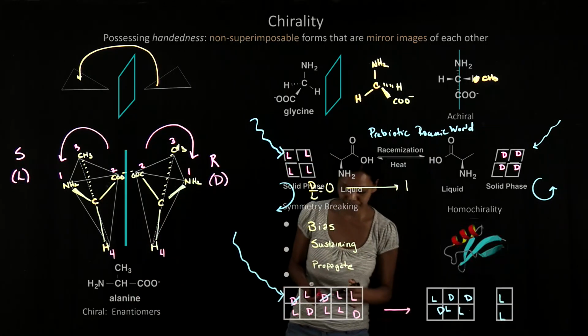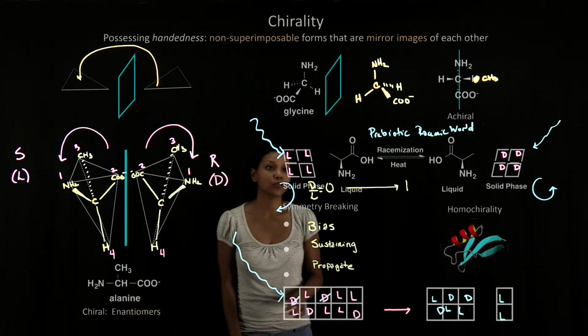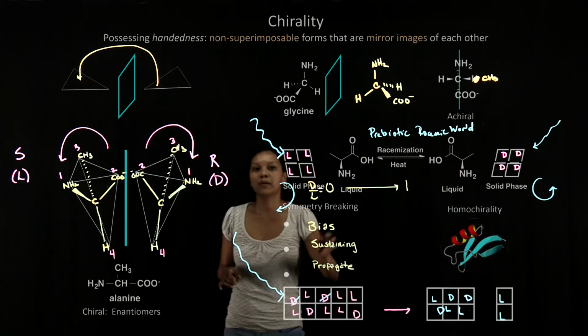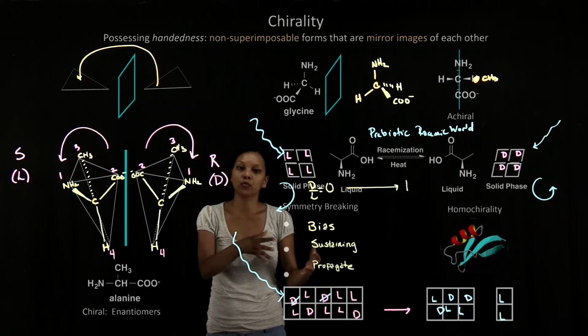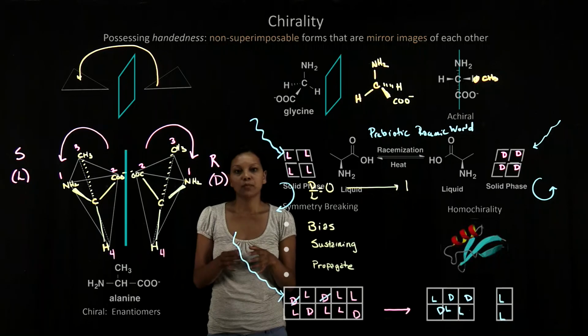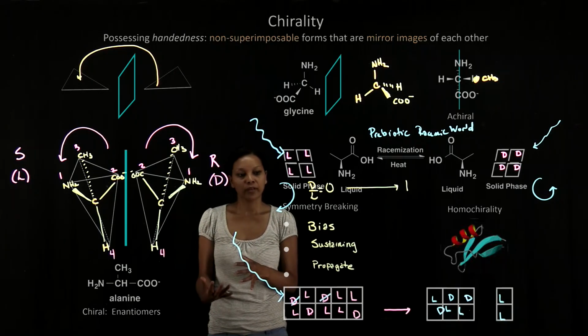Now, another way for this to have occurred is through something similar to this racemization process, except you put this process through heating and cooling cycles or through wet and dry cycles. And over time, maybe there's a little bit of a symmetry break because of these cycles, so that one enantiomer is favored over the other.